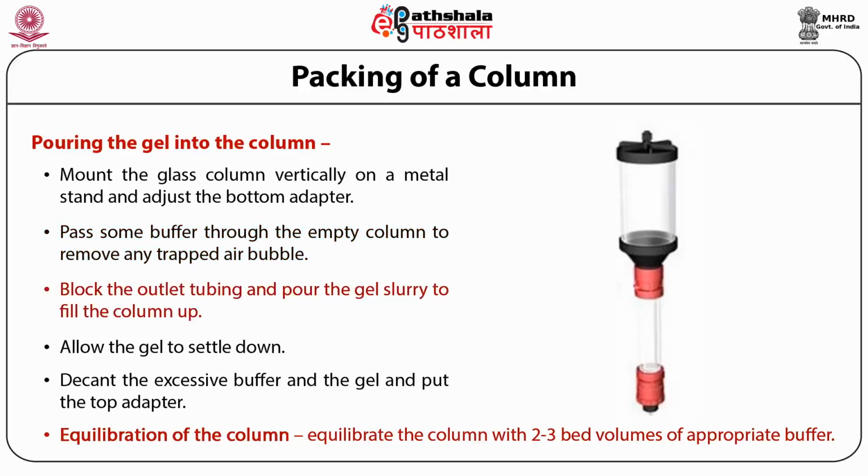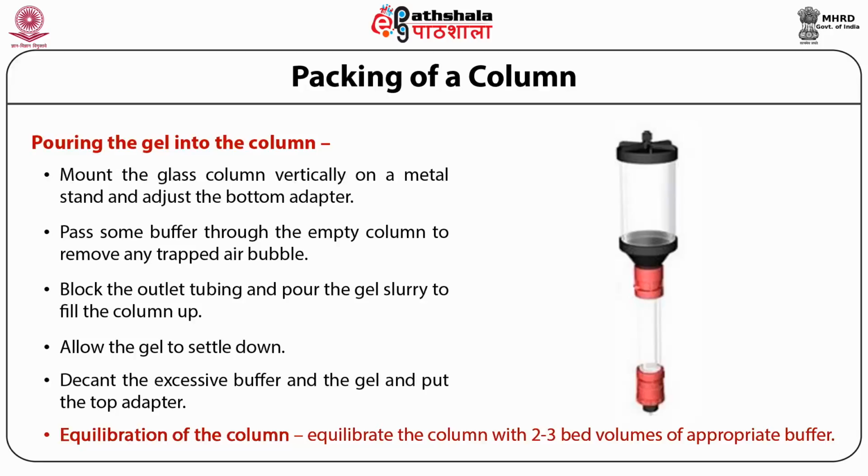Now block the outlet of the tubing and pour the gel slurry to fill the column up to the required height with the help of a glass rod. The glass rod should be used in such a way that it touches the inner wall of the column. This avoids introduction of any air bubbles.